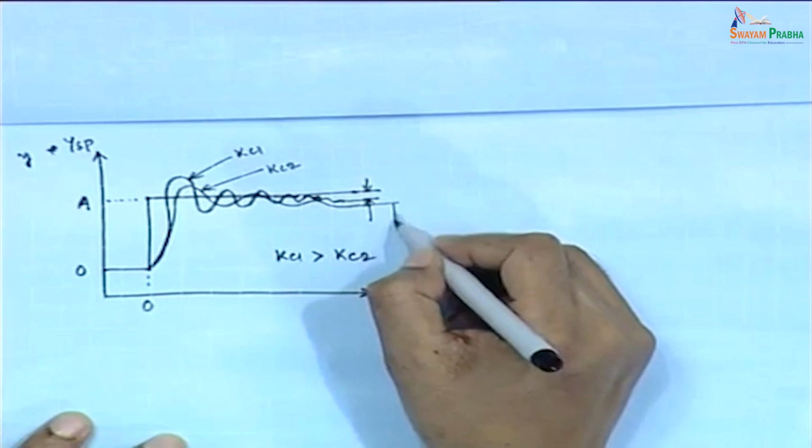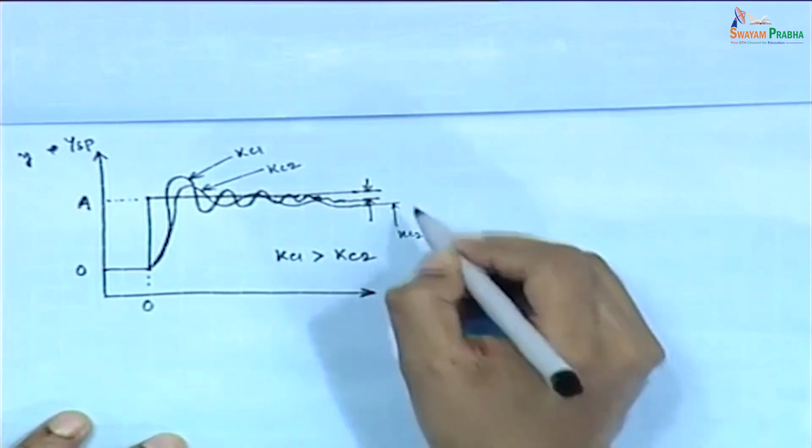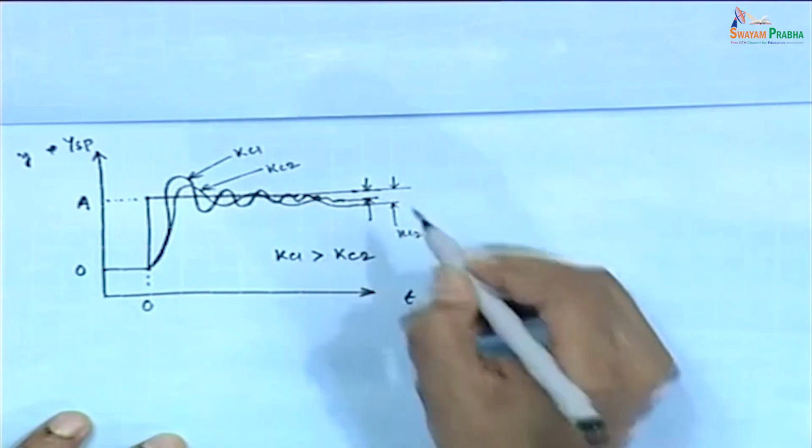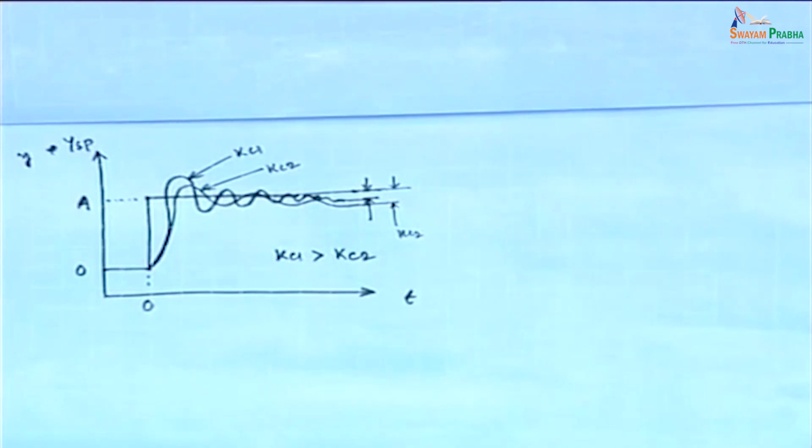For Kc2, the offset is large for small Kc. Fine. So the above 2 points are taken into account in the development of this closed loop response.